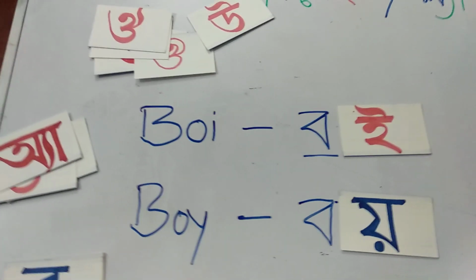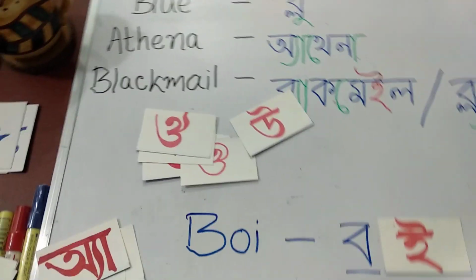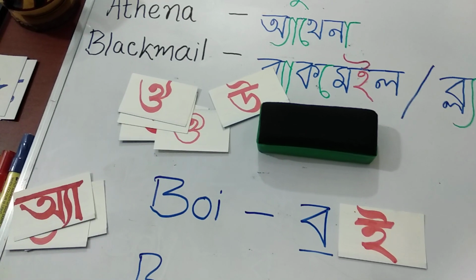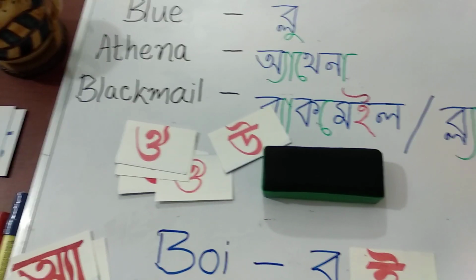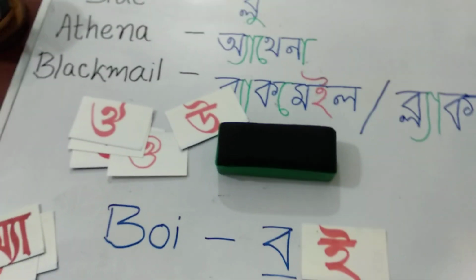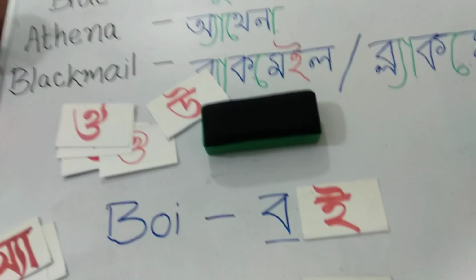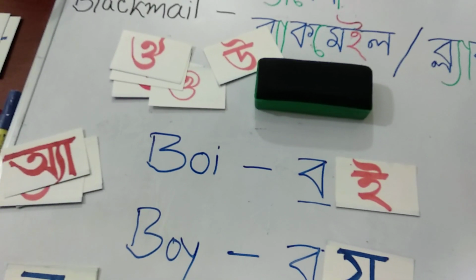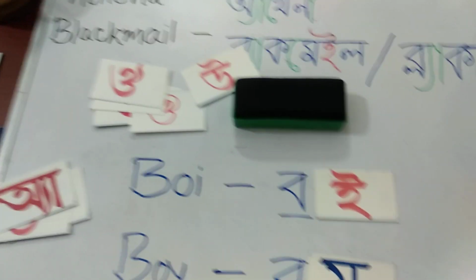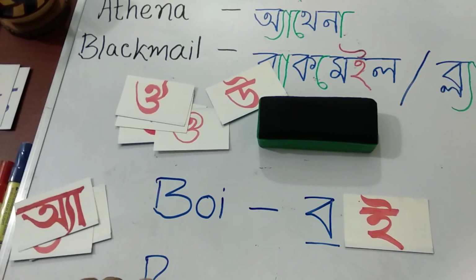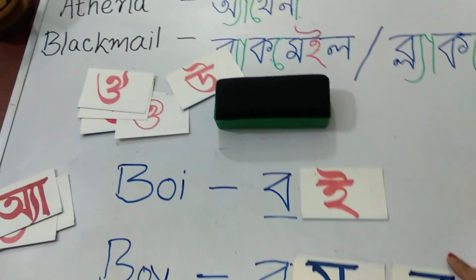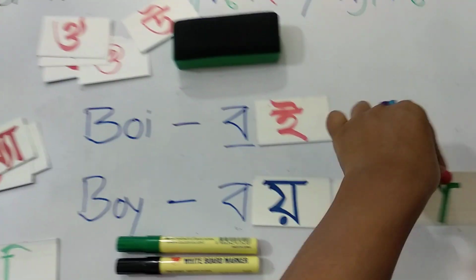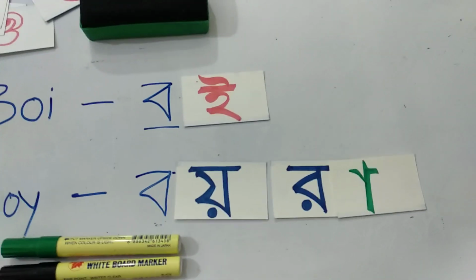Now we will move on to the next word. What is the next word? The next word is, we can just make this word bigger. So let's make it bigger. So yeah, if we use this letter and this, what is it?